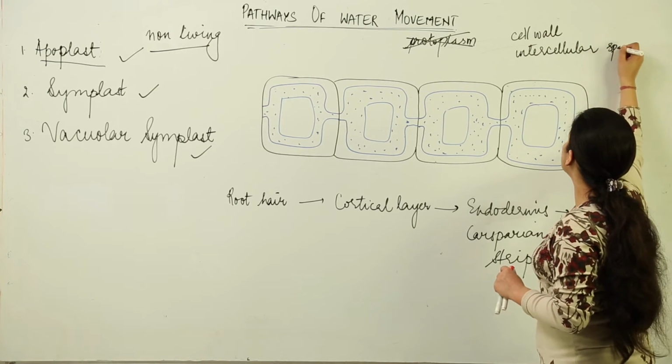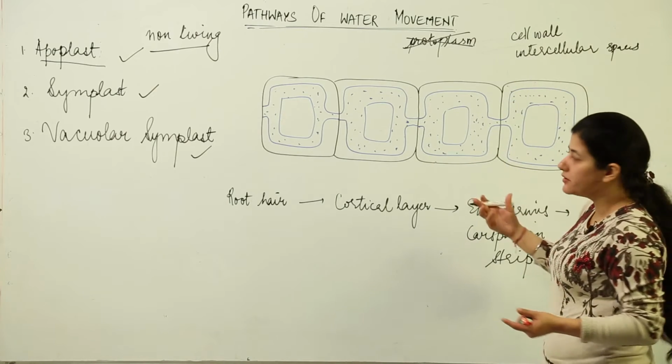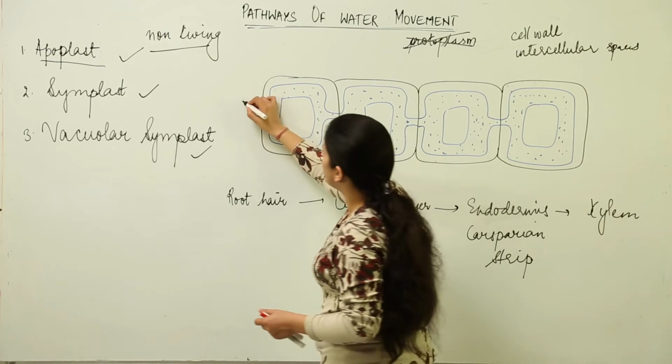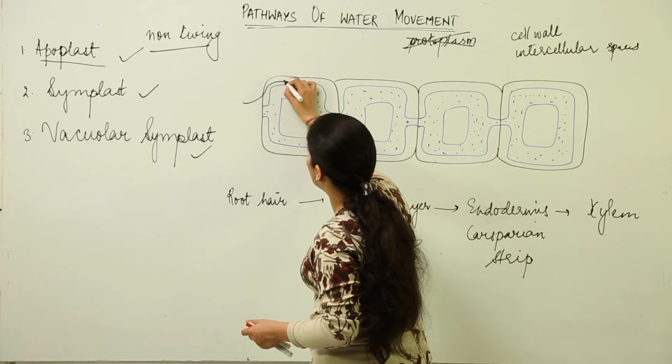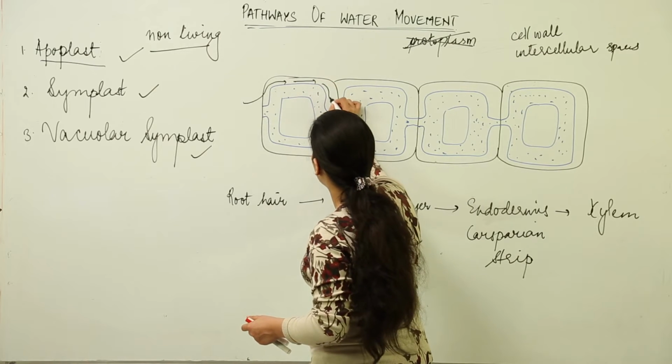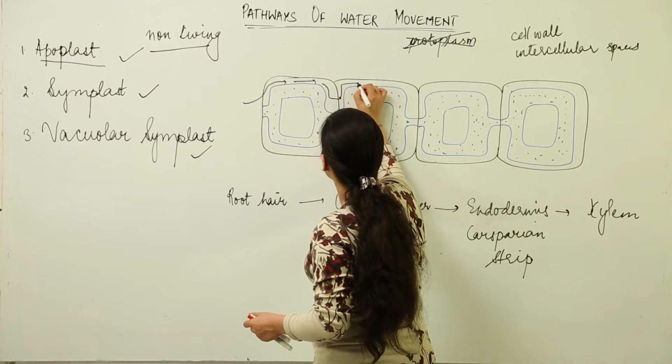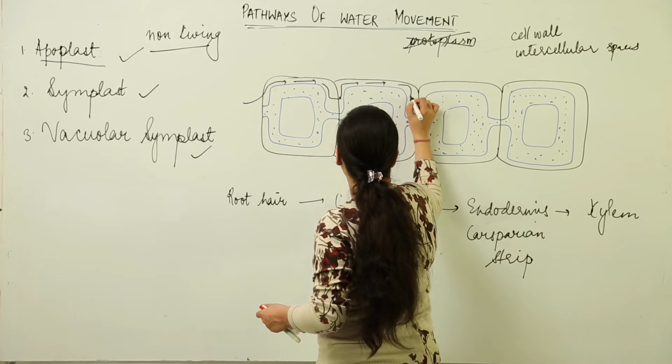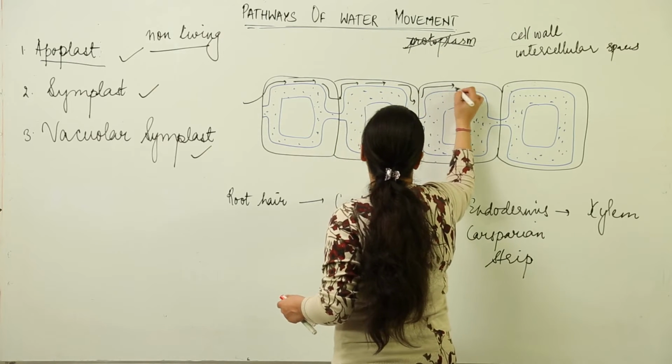Alright. Now, intercellular spaces, as you know, are non-living. So such would be the apoplastic pathway, like this. Over here, like this, the water is going to move. It is not going to enter any of the living area of the cell.